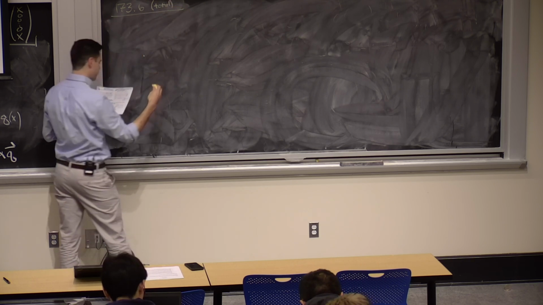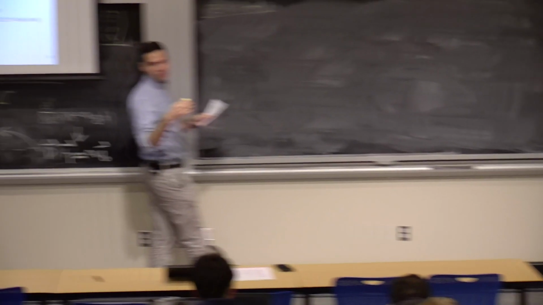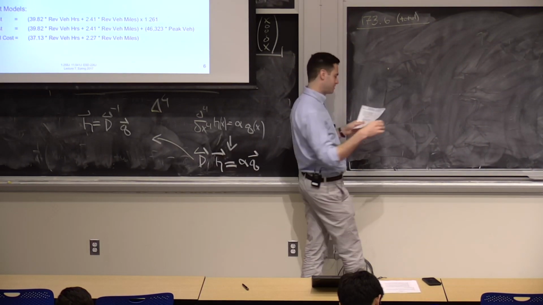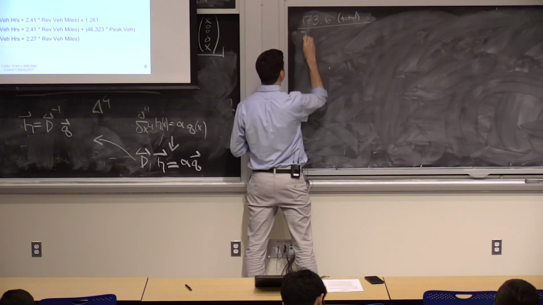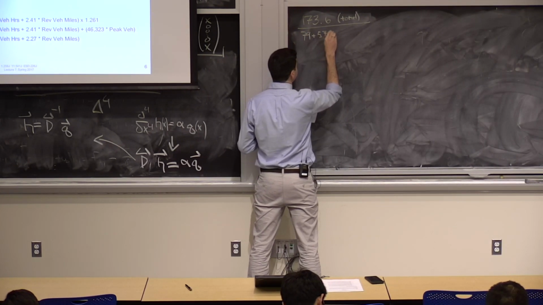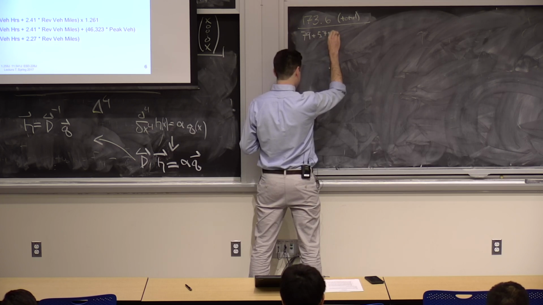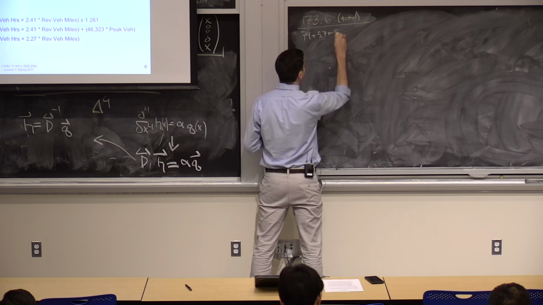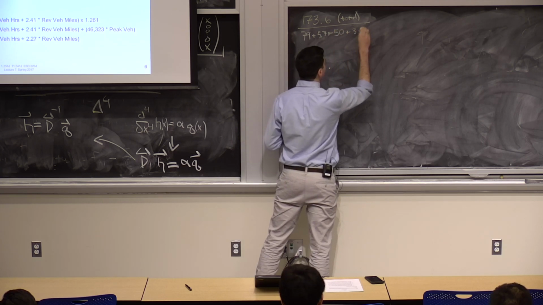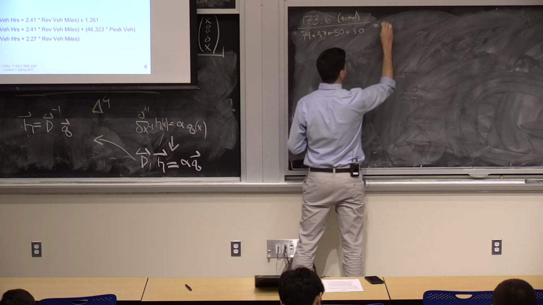And you divide it by the total number of unit costs that you are capturing with explanatory variables, which is 79 plus 5.7 plus 50 plus 3. And that equals 1.261.